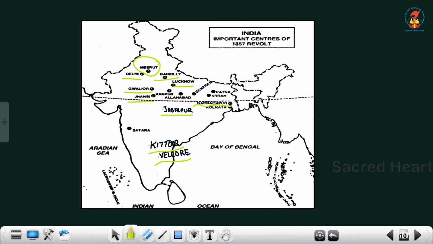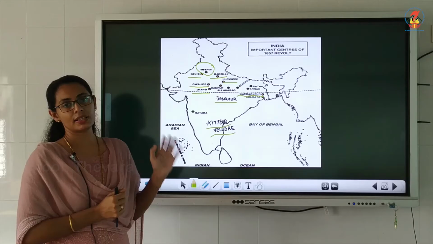These are the important centers of the Great Revolt of 1857. It first happened in Meerut, then slowly spread to other parts of India.